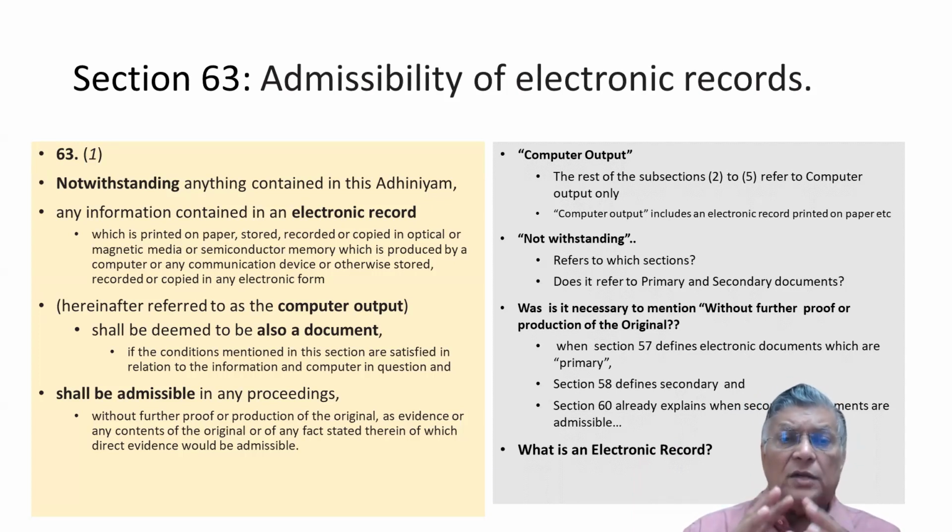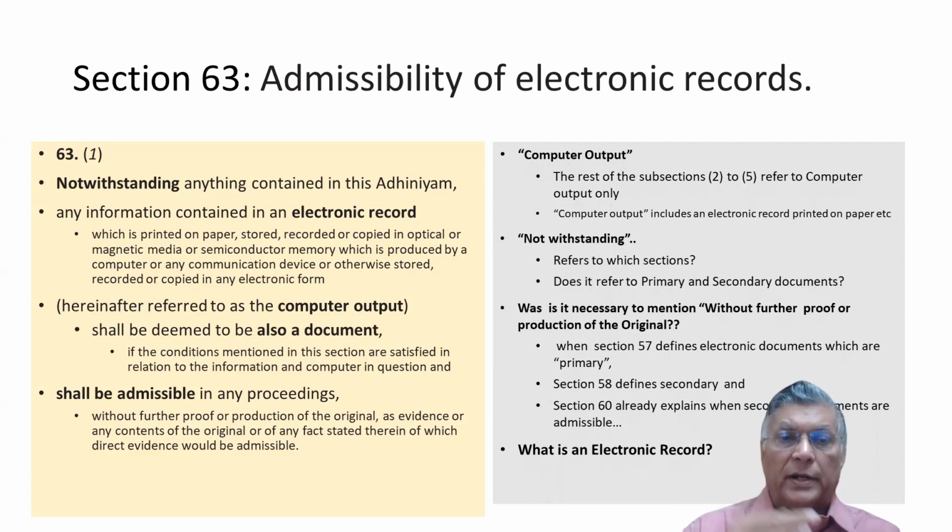It says, notwithstanding anything contained in this adhiniyam, any information contained in an electronic record, which is printed on paper, stored, recorded, copied in optical or magnetic media or semiconductor memory, which is produced by a computer or any communication device or otherwise stored, recorded, or copied in electronic form, in bracket, hereinafter referred to as computer output, shall be deemed to be also a document.